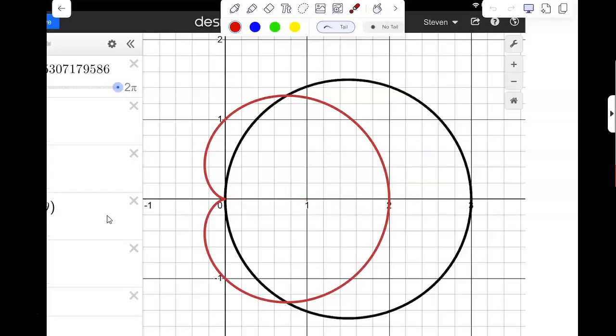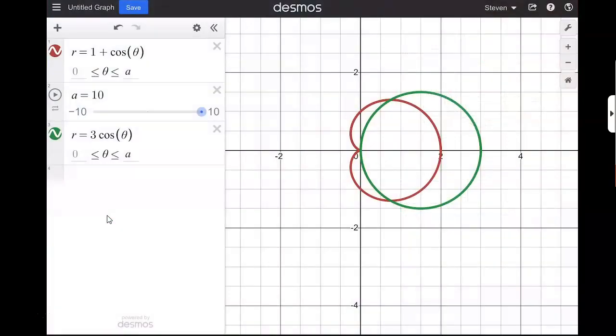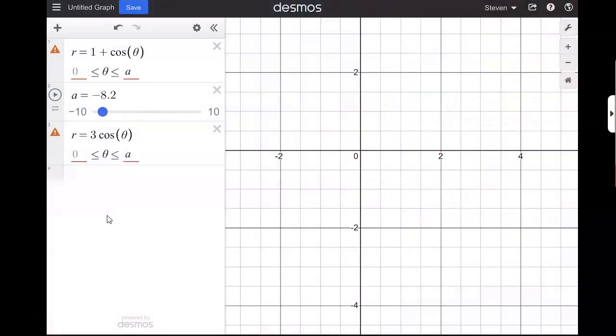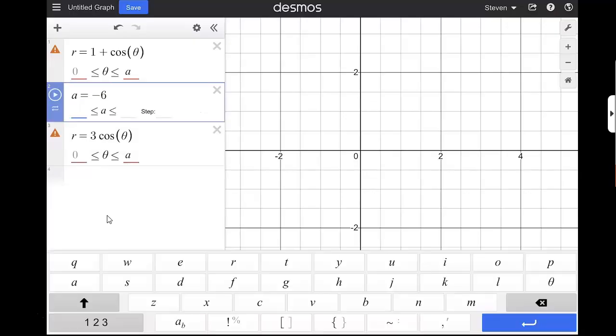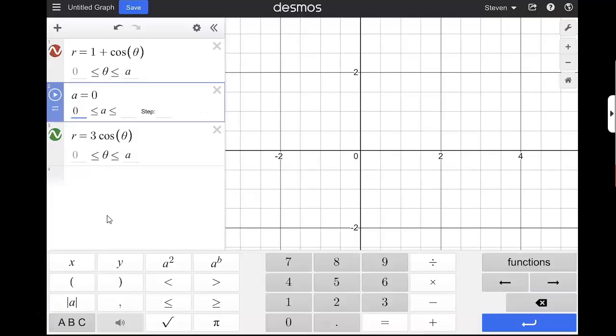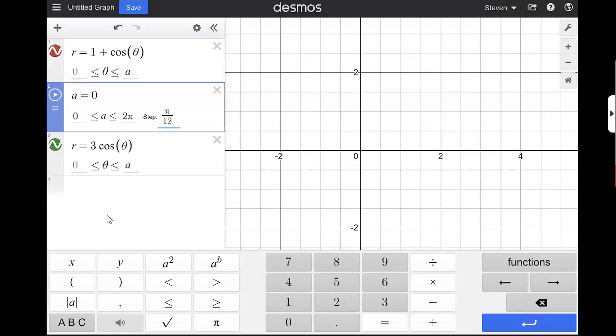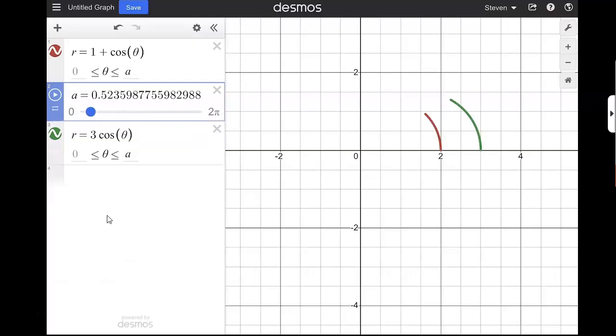That's really important. It happens for these two in the first quadrant that everything does get graphed just like you would want. So let me just real quickly fix my a here for my step: a to 2 pi, step of pi over 12. As I graph in the first quadrant, these are graphing the normal thing.